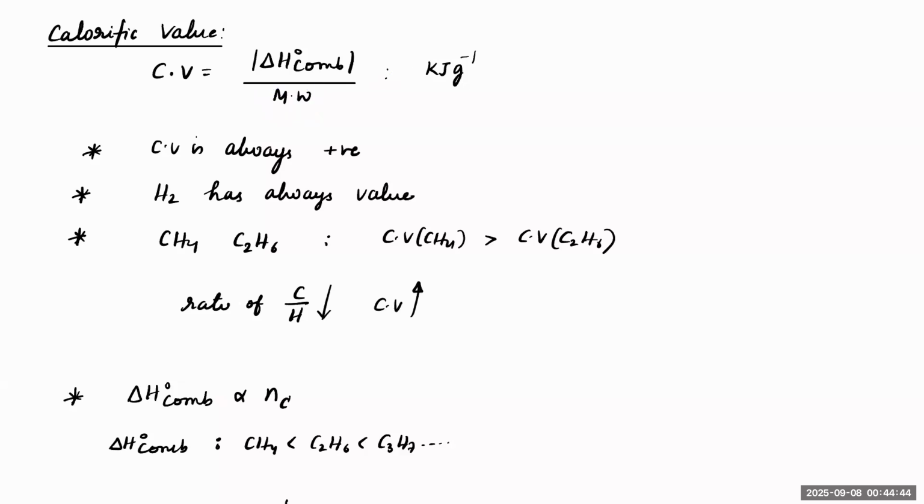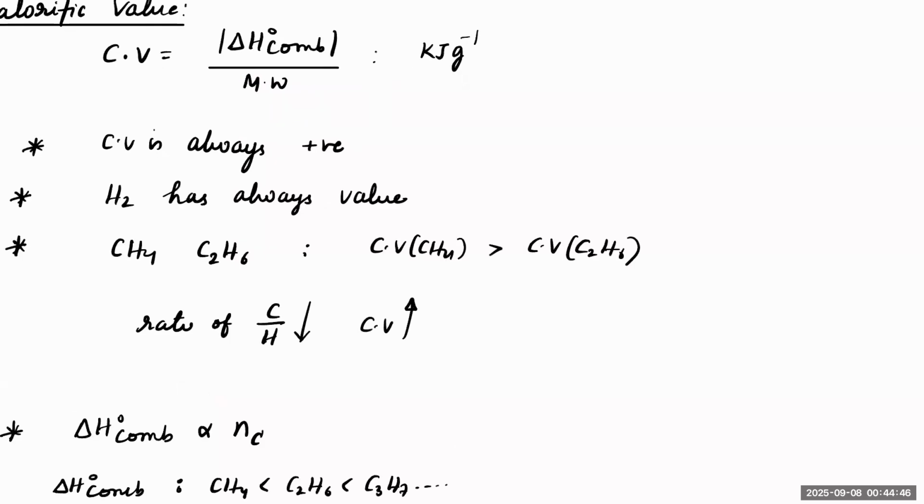If the CV value is more, we can always relate this as CV, calorific value, is directly proportional to quality of fuel, whether it is good quality or bad quality. We can always refer to quality of fuel.